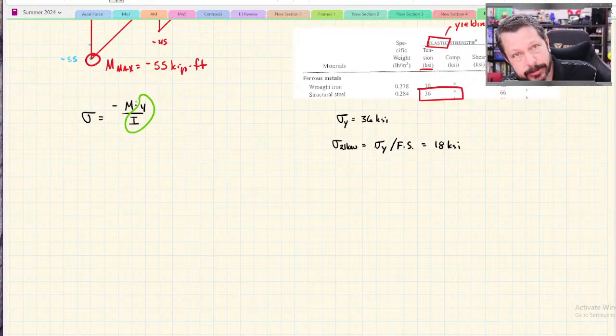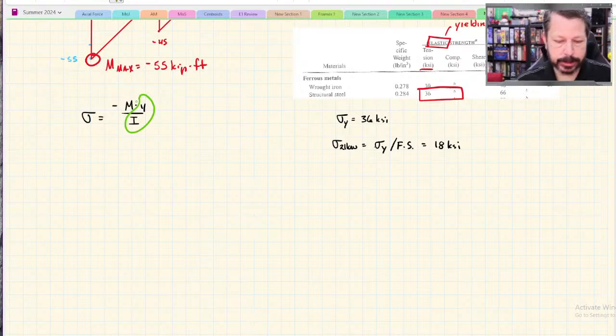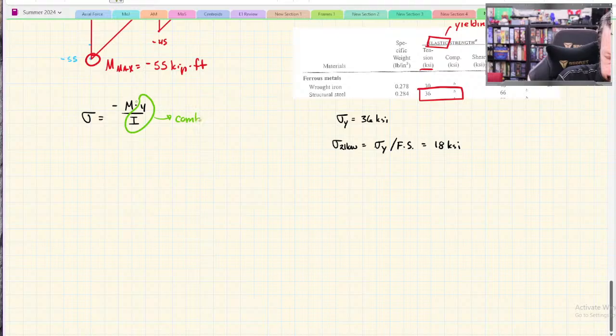Y is the distance from the neutral axis to the top or bottom, and I is the moment of inertia that's dependent on the cross-sectional shape. We're going to combine those into something called the section modulus.